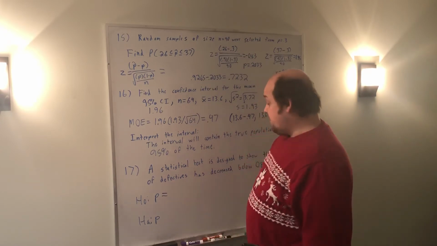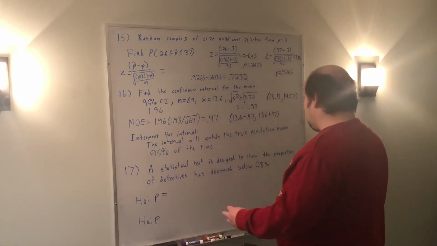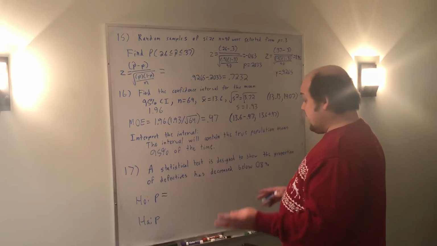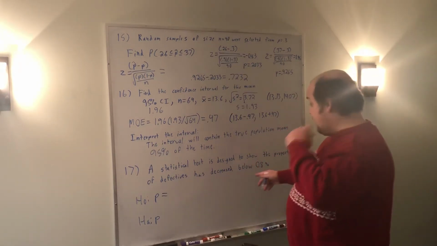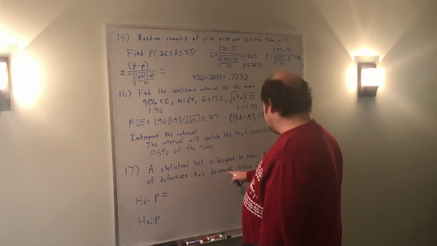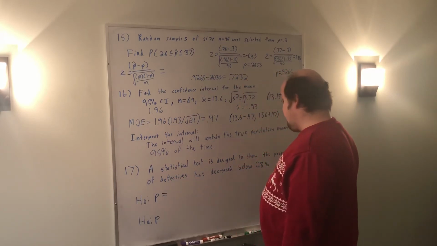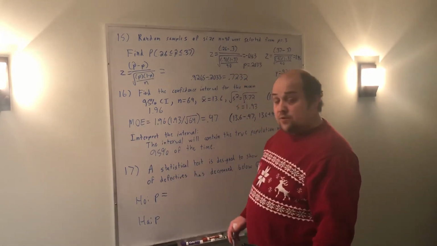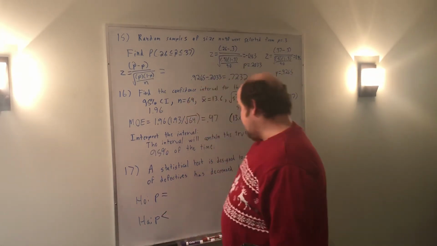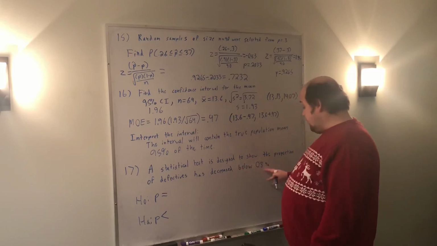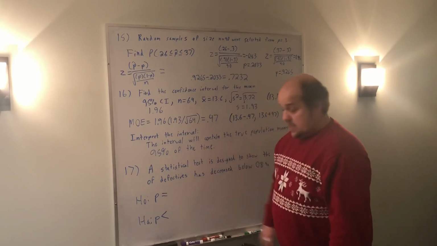For the alternative, I have to read and determine whether they're trying to show a greater than, less than, or not equal to alternative. So they're showing the percent of defectives have decreased below 0.8%. That means what they're trying to prove is that the proportion is less than that amount. If it's decreased below this, it's less than.